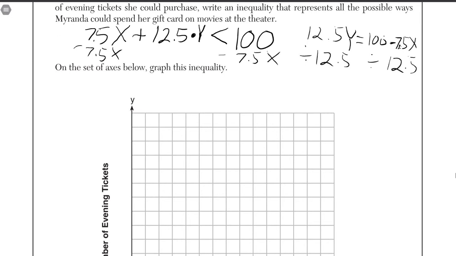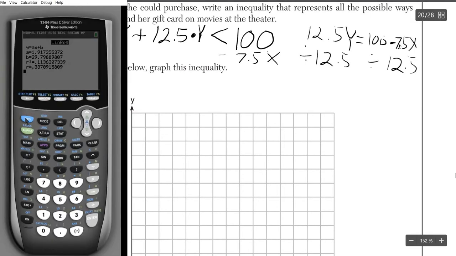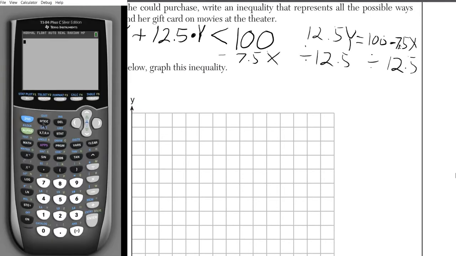And let's see what that comes out to. Oh, calculator. Actually, we don't even have to divide that. We could just put it straight in as a fraction. y is going to equal the fraction with the numerator 100 minus 7.5x over 12.5.